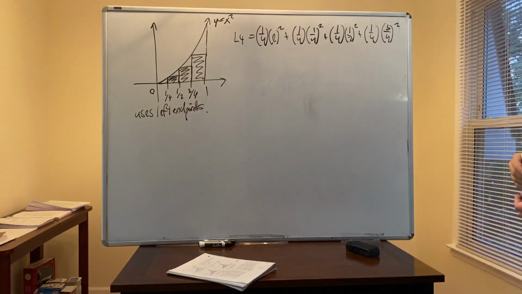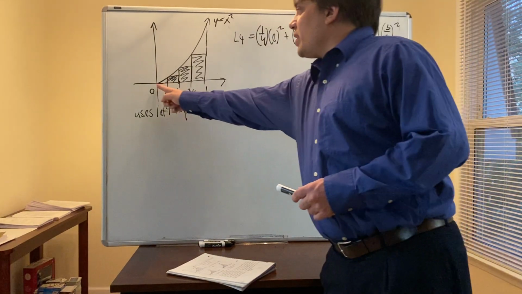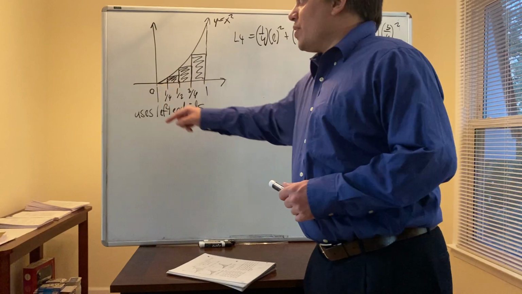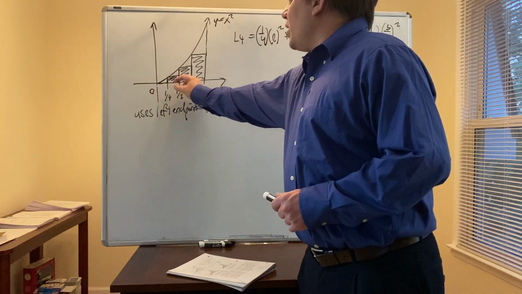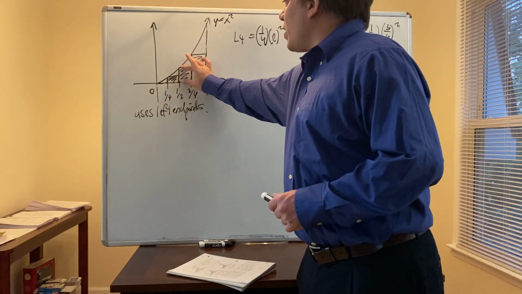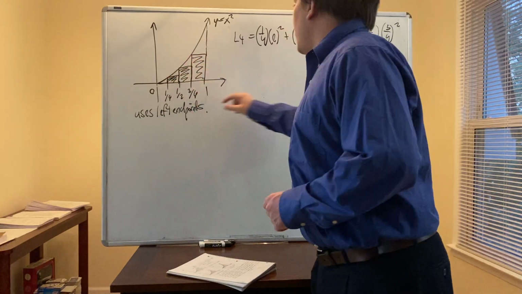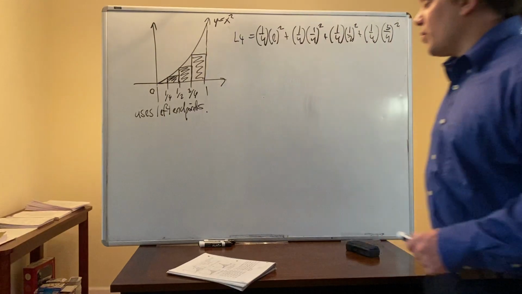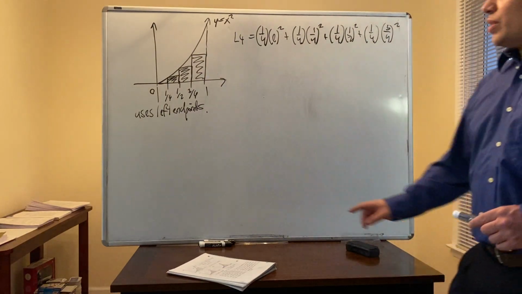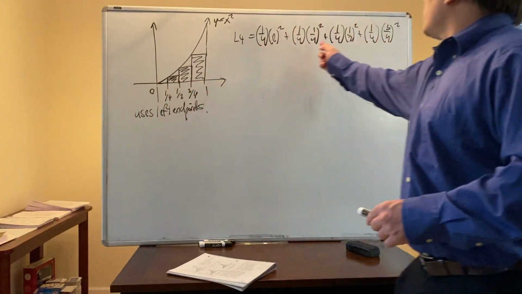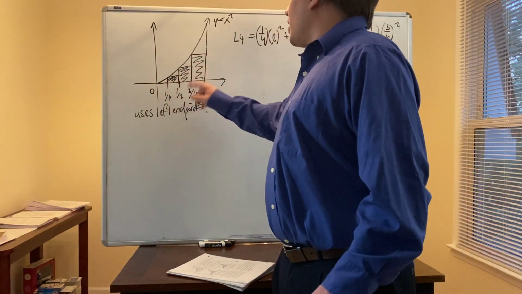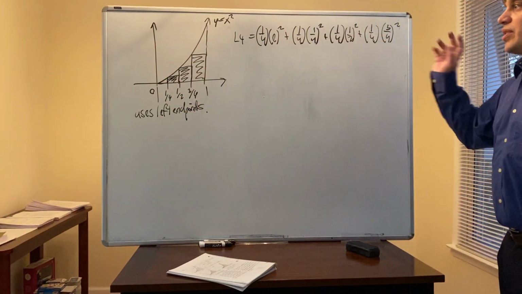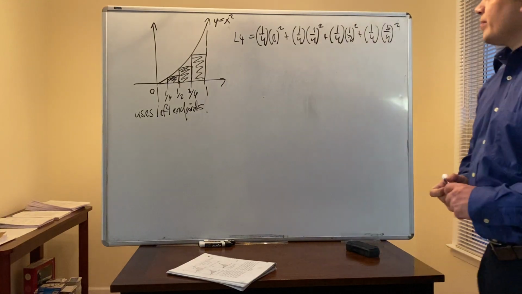What's happening is the height of this rectangle is 0 because the left endpoint has height 0. The height of this rectangle is 1/4 squared. The height of this rectangle is 1/2 squared. And the height of this rectangle is 3/4 squared. The base of each rectangle is 1/4. If you multiply the base times height of each rectangle and add up those products, you get the sum of the areas of those 4 rectangles.